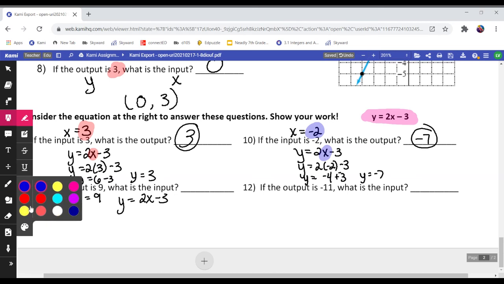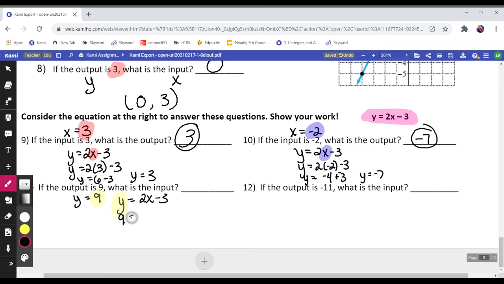Well, I'm going to substitute my 9 in for my y. So 9 equals 2x minus 3. I'm going to add 3 to both sides. I get 12 equals 2x, divide both sides by 2. I get x equals 6. So my input is 6.